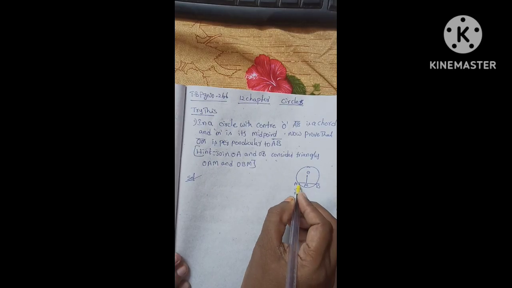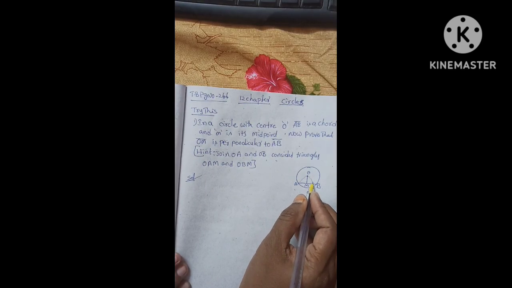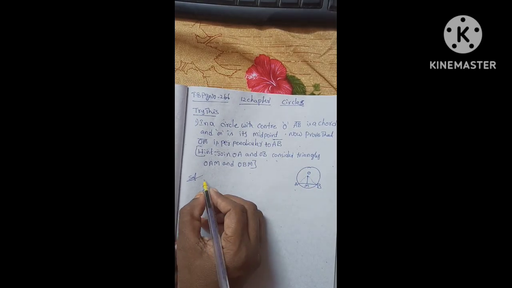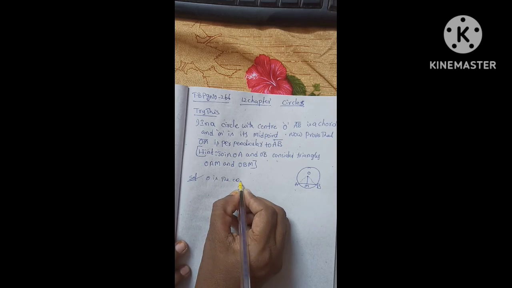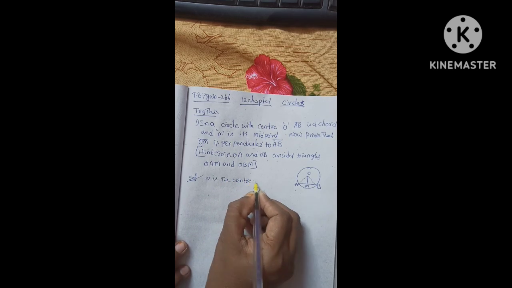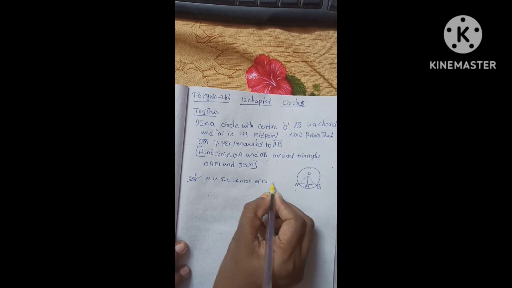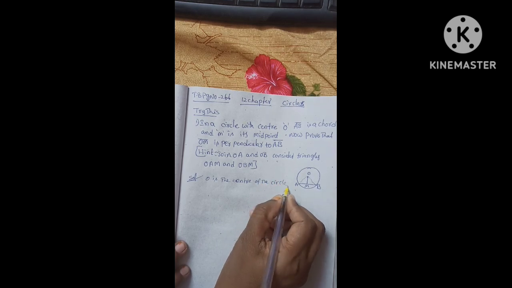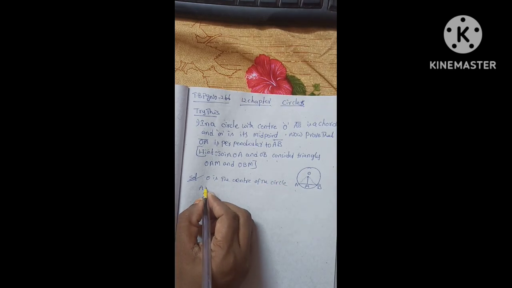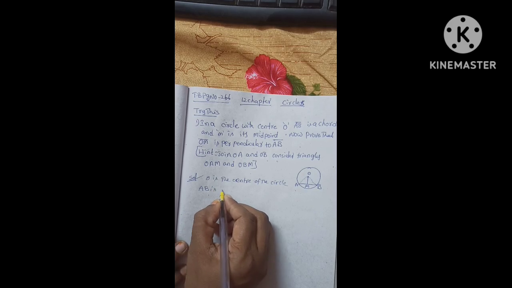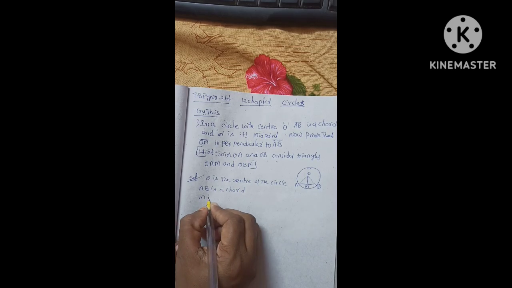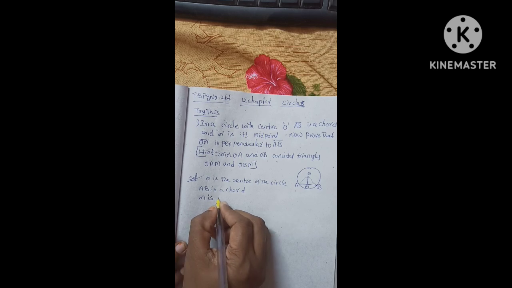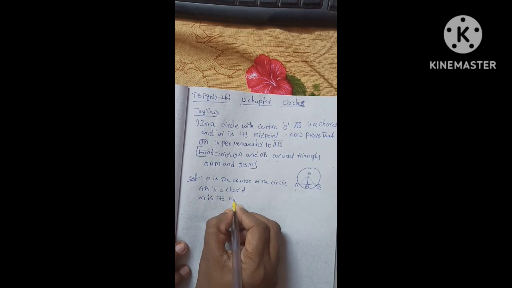See here. O is the center of the circle. AB is a chord. M is its midpoint.